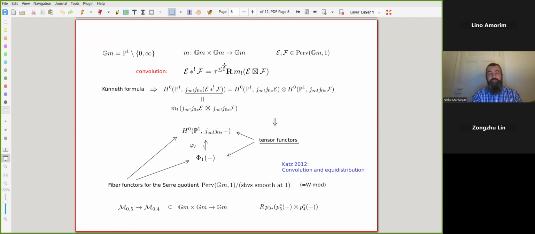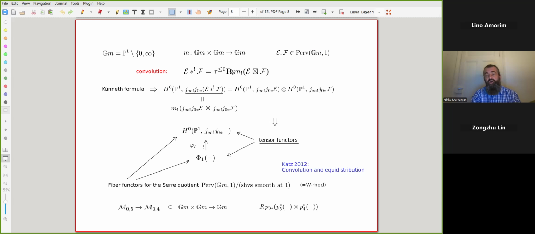Now I want to define convolution. We have a multiplicative group, we have multiplication, and convolution is just convolution of sheaves with respect to this multiplication. As usual, we take two sheaves, take the external product, and then take the push forward with respect to multiplication. In general, this is not a sheaf.